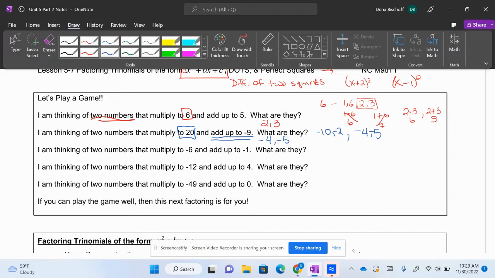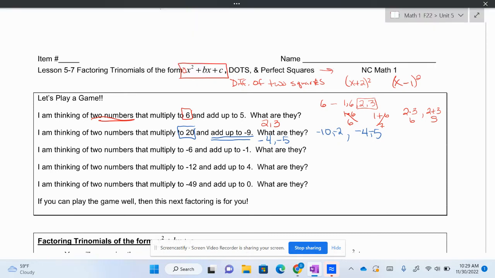So we're going to continue this process, and I want you to think about what two numbers you are able to multiply together to get a negative 6 and add up to a negative 1. So negative 6, and it adds up to a negative 1. So let's see. Negative 6, well, that's the same thing as positive 6 times negative 1, or negative 6 times positive 1.